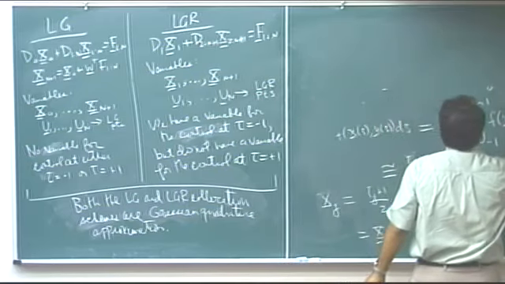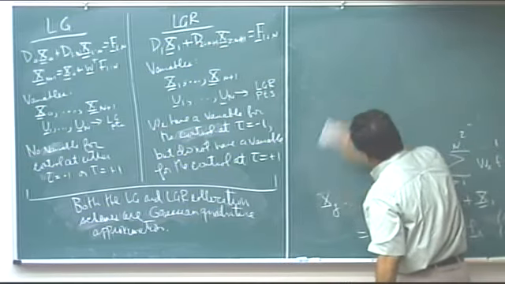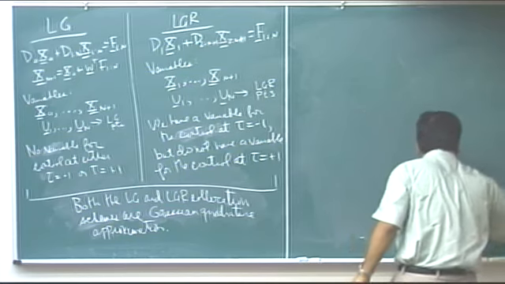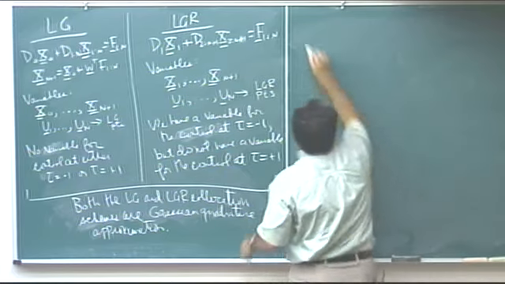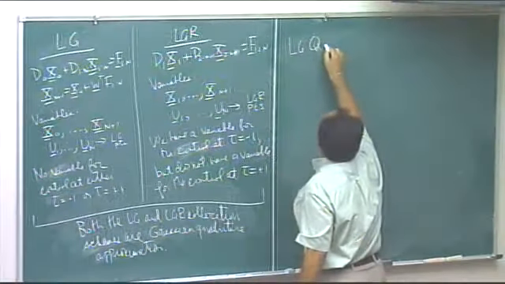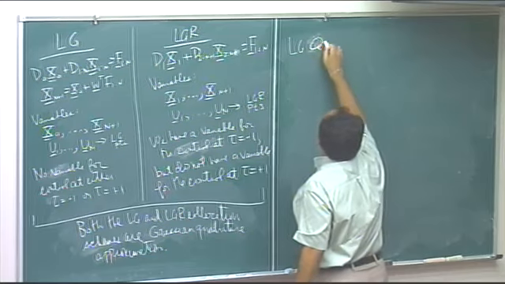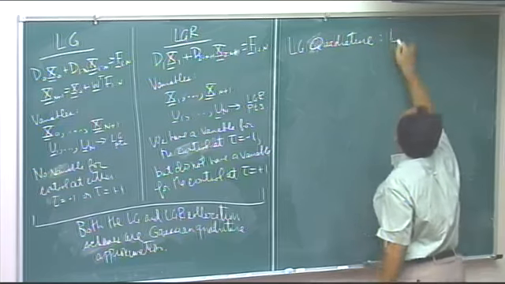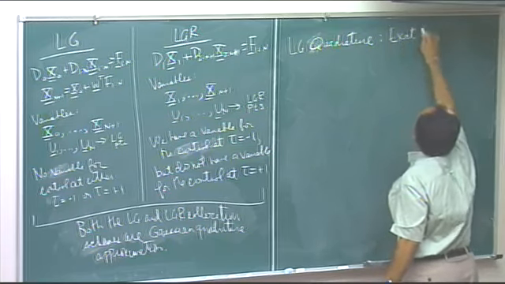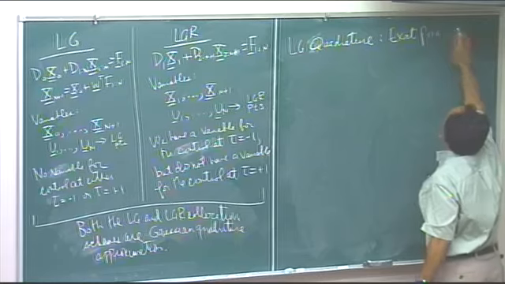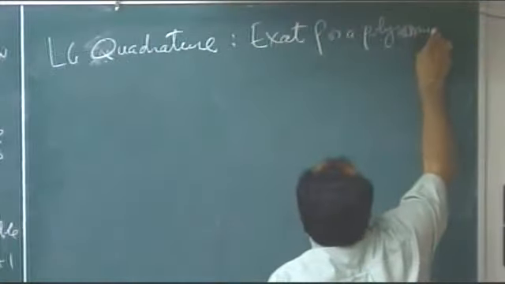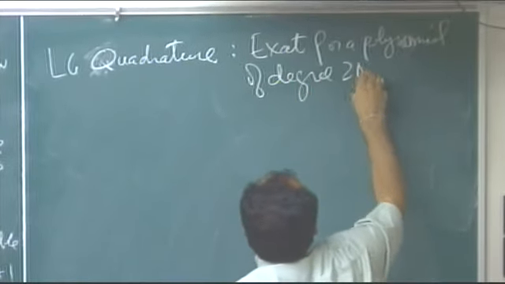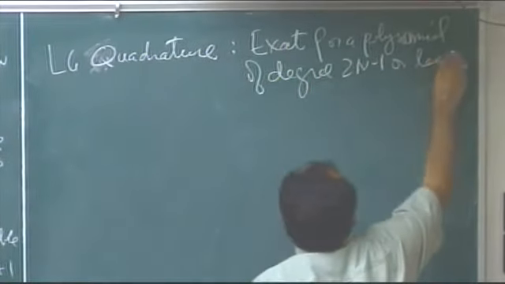So what's the difference? Well, you remember the Gauss quadrature, so let's write this down. The LG quadrature is exact for a polynomial of degree 2n minus 1 or less, right?